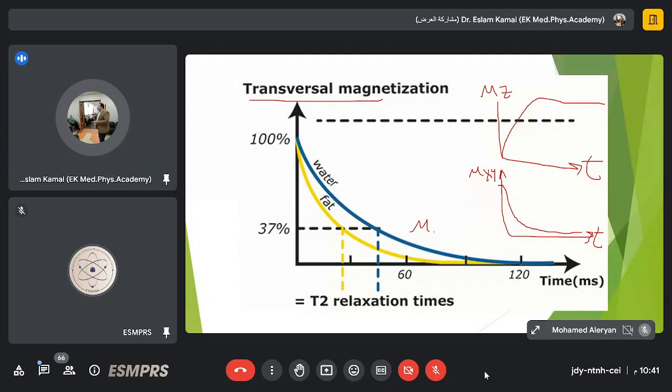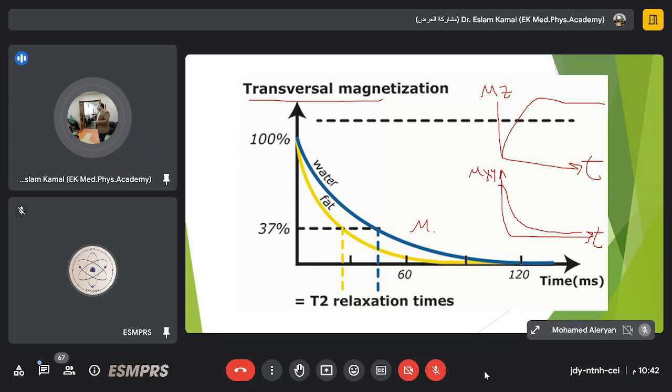This is called the T2 constant. So the T2 constant for fat is the time required to reach 37% of the transversal magnetization, and this time is shorter for fat than for water.